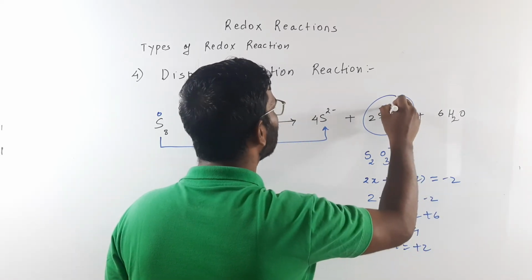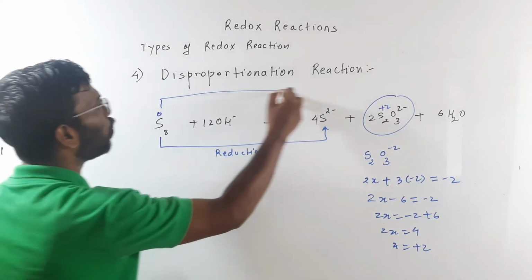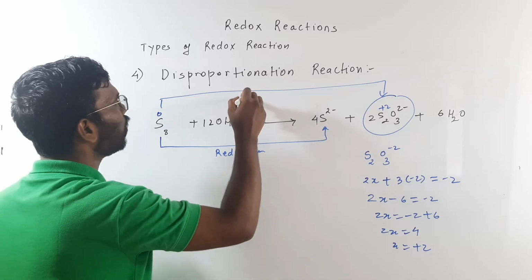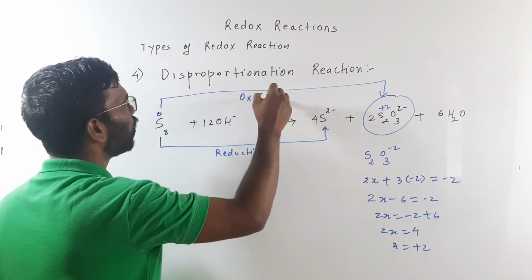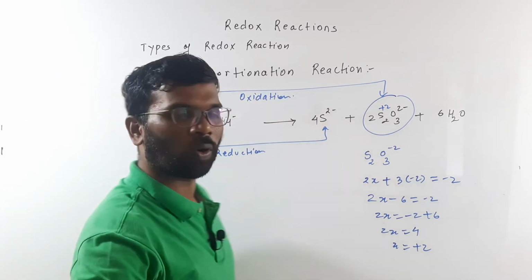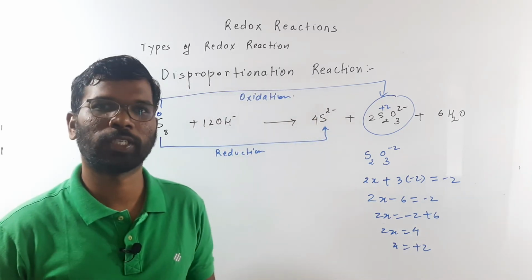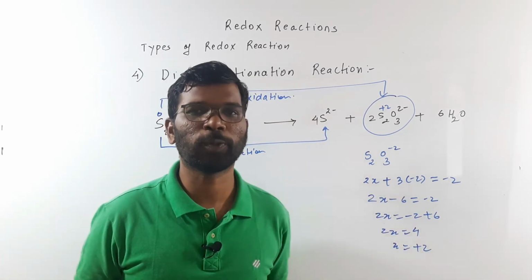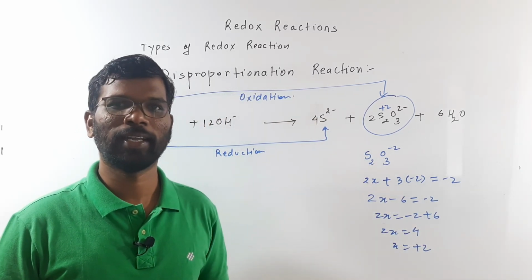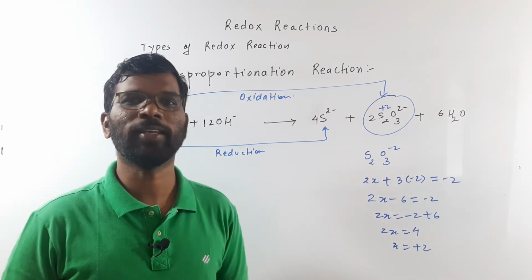So here sulfur goes from 0 to +2. This is an oxidation of sulfur. So this type of reaction is called a disproportionation reaction, where the same species is getting oxidized and, in the same reaction, the same species is getting reduced.